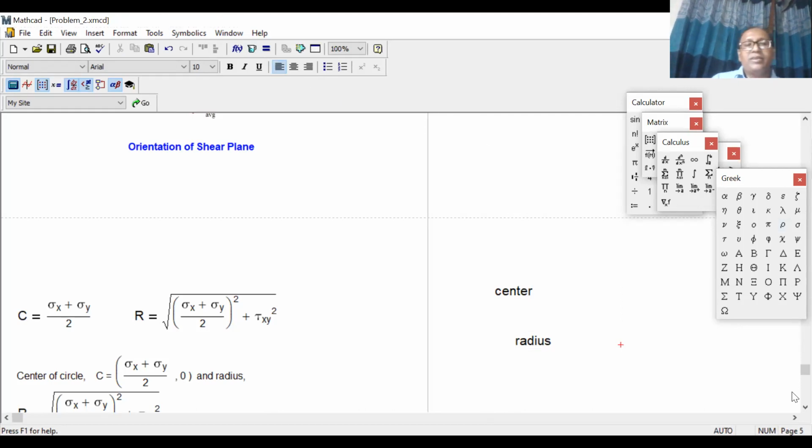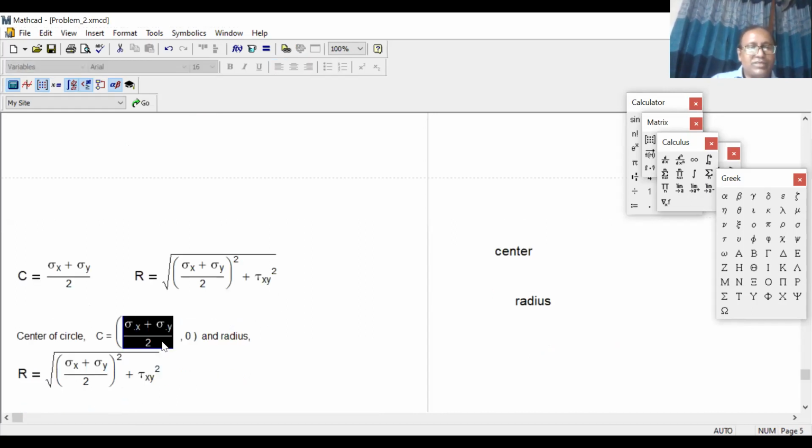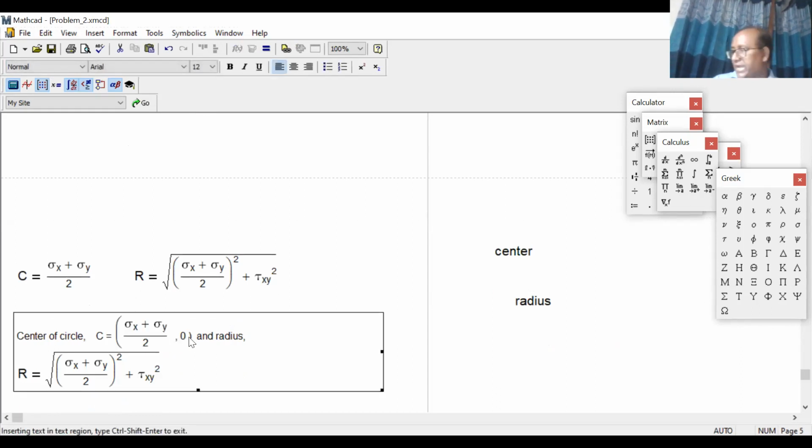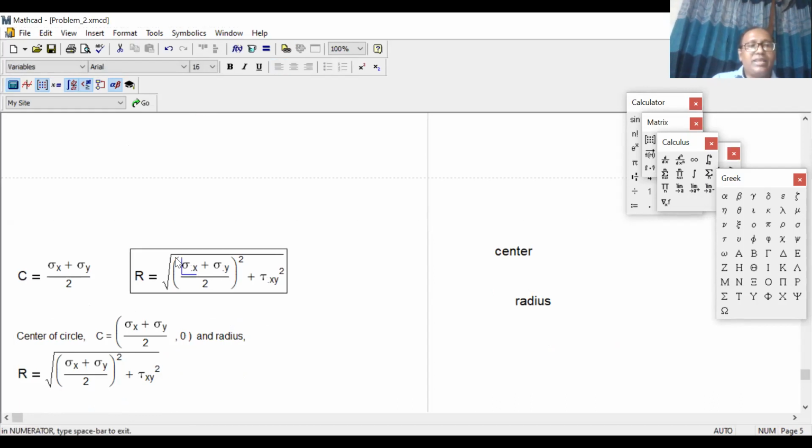So in the plane stress formula, if you draw something by Mohr's circle, at first you need to figure out the center. So the location of the center will be this one: sigma x plus sigma y by 2, comma 0. So this will be along the x-axis, this will be along the y-axis. And this will be the radius.